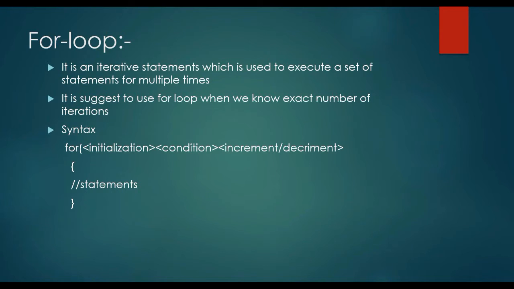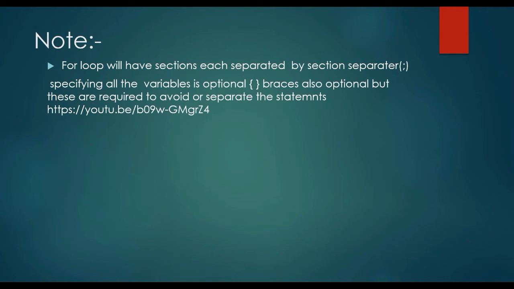The for loop executes a set of statements multiple times. It is used when we know the exact number of iterations. Syntax: for, initialization, condition, increment or decrement. In a for loop we have sections, each separated by a section separator called a semicolon.